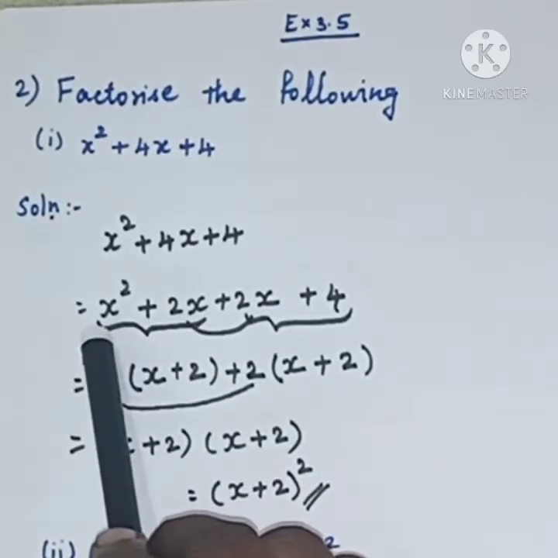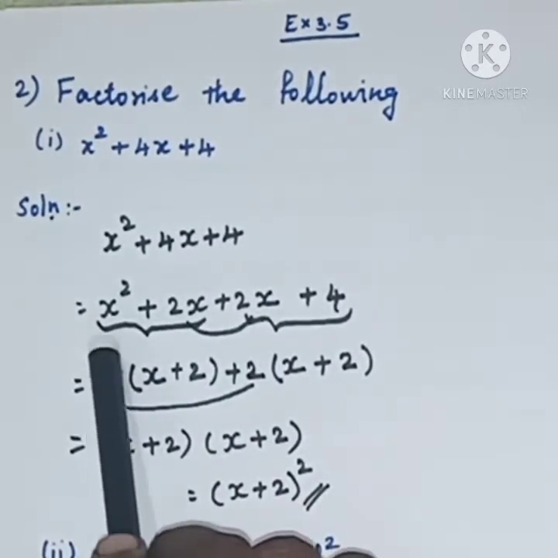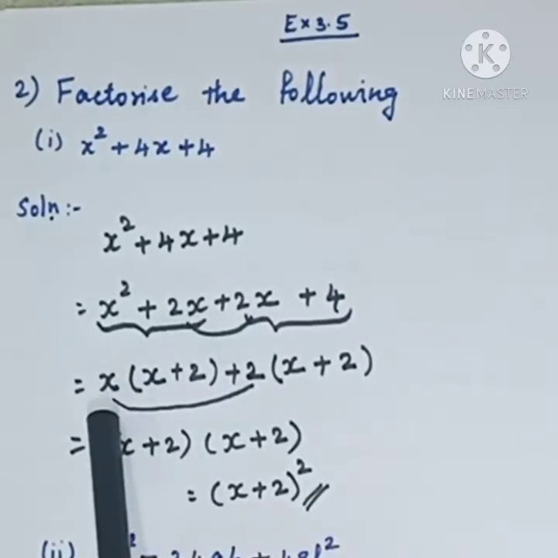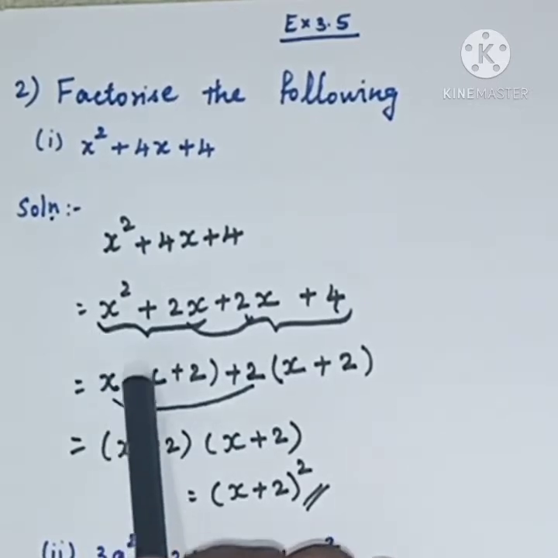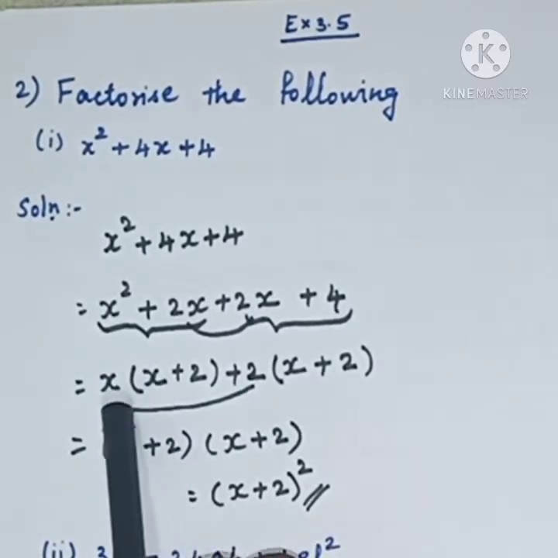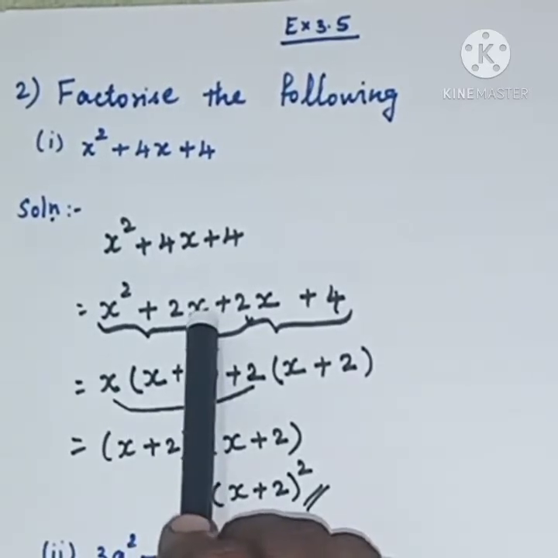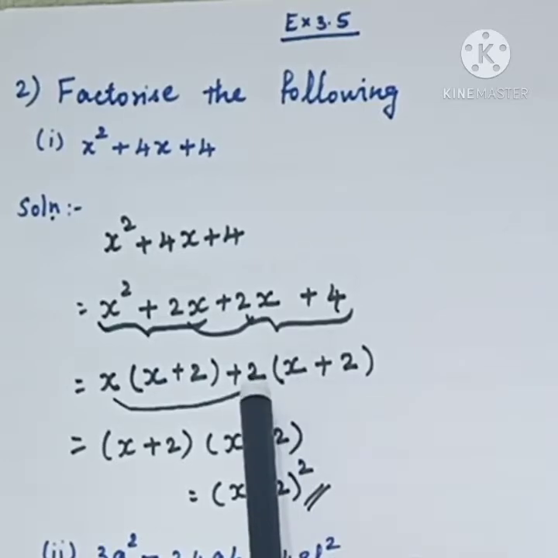So split the 4 terms into 2 terms and 2 terms. In the first 2 terms, the common variable we have is x. So take that x outside. The remaining variable in the first term is x. x into x, x square, plus 2 into x is 2x. Similarly, from the third and fourth terms, the common term is 2. Take that common thing outside.